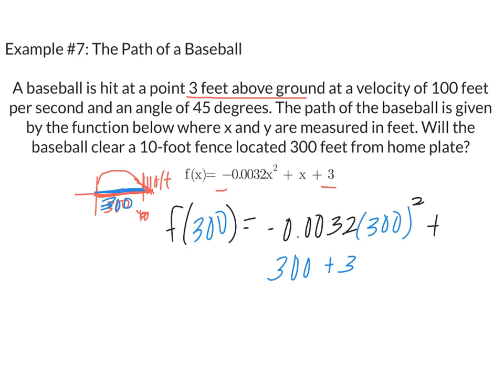I kind of gave up on trying to rewrite it in a different color. Either way, if you substitute that into your calculator, you could type it all in at once, or if you're going to do it piece by piece, remember you need to do the power part first, so 300 squared, and then multiply that times negative 0.0032. Either way, the answer that you get is 15.